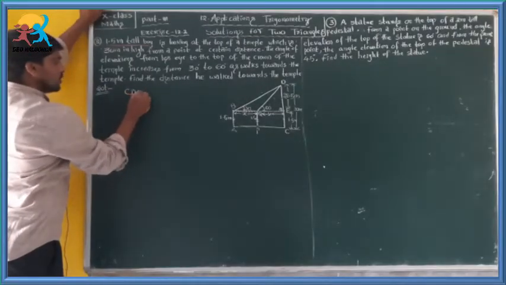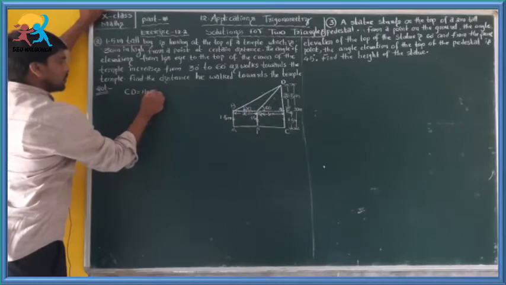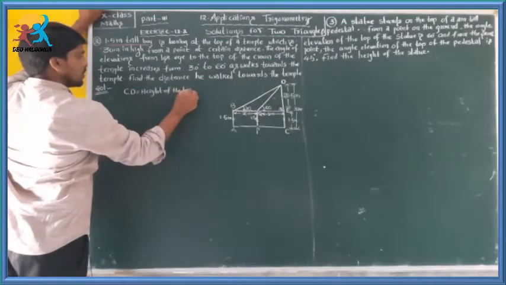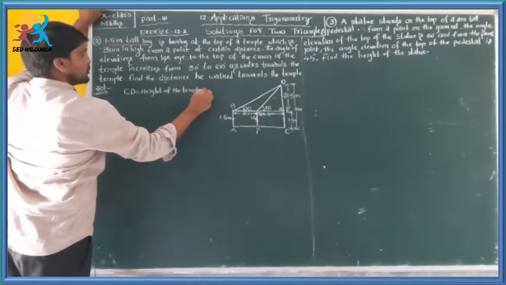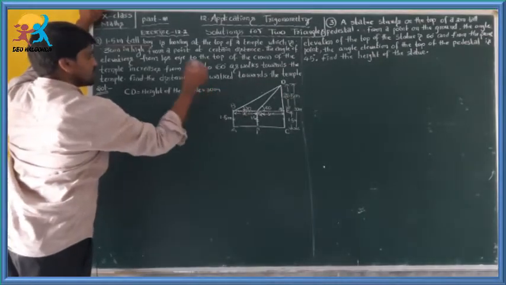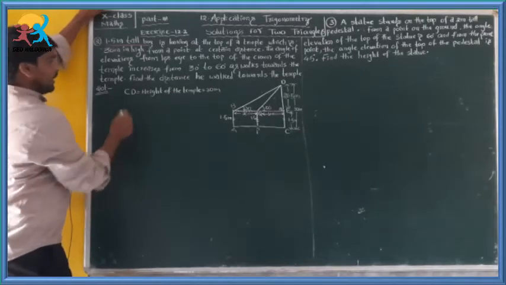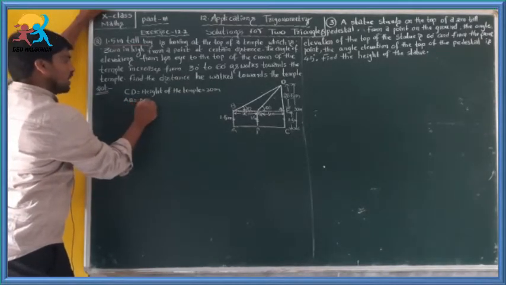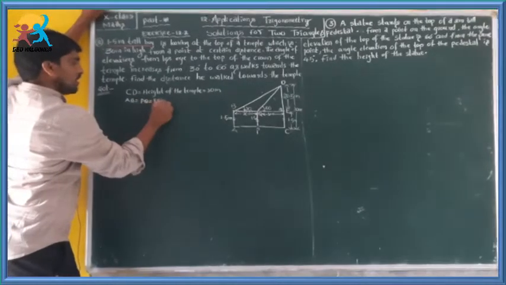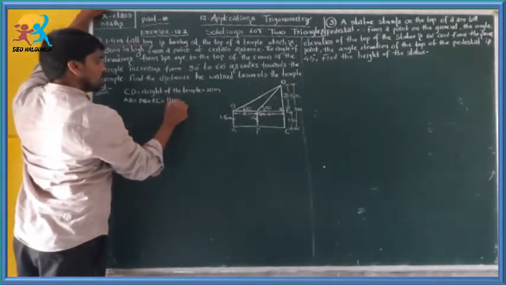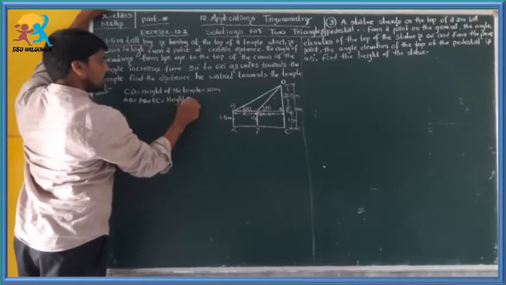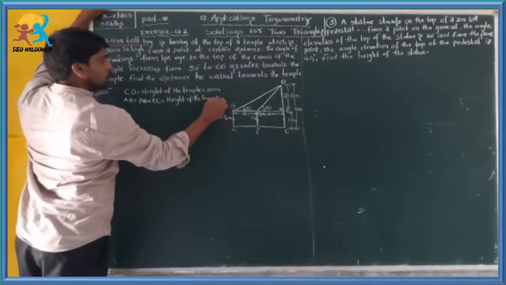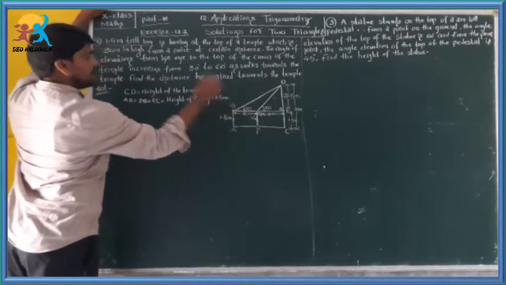So, solution. CD is the height of the temple, which is given as 30 meters. And AB as well as PQ as well as EC are the height of the boy, which is equal to 1.5 meters.